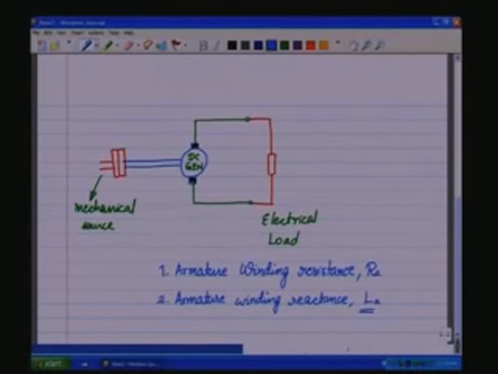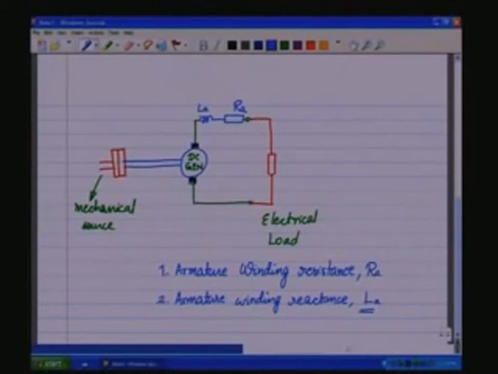So, therefore, the equivalent circuit will contain two components. One is the RA and the other is the LA, the armature reactance, the armature inductance.